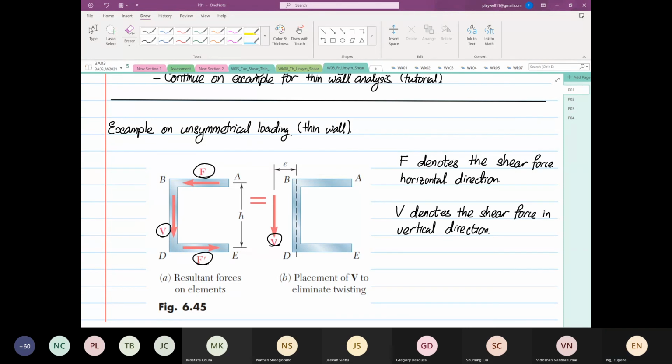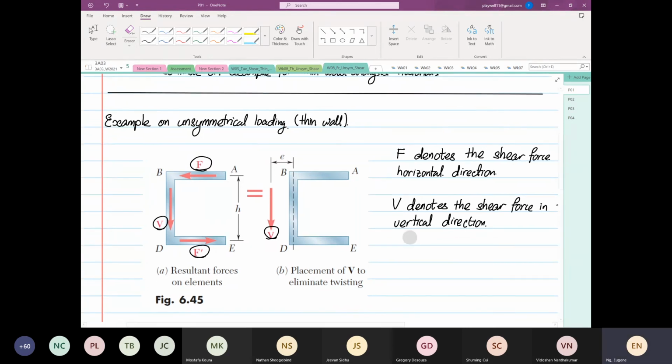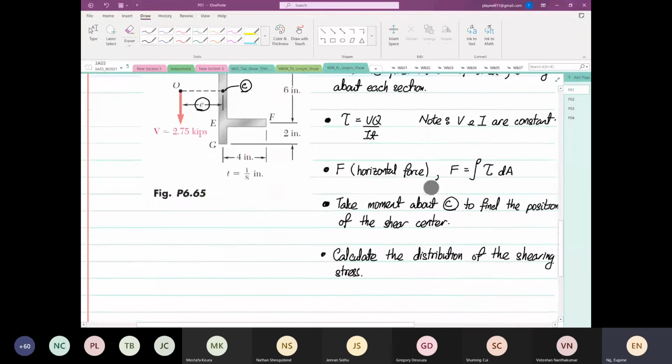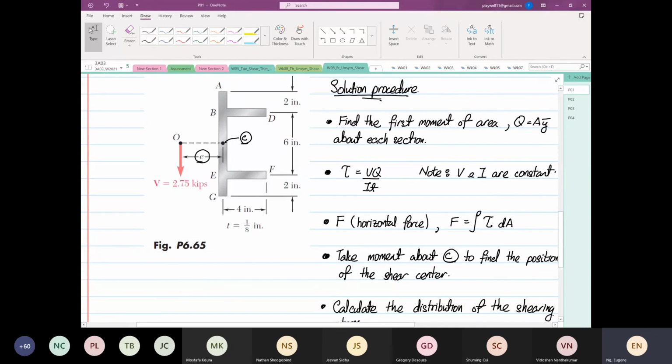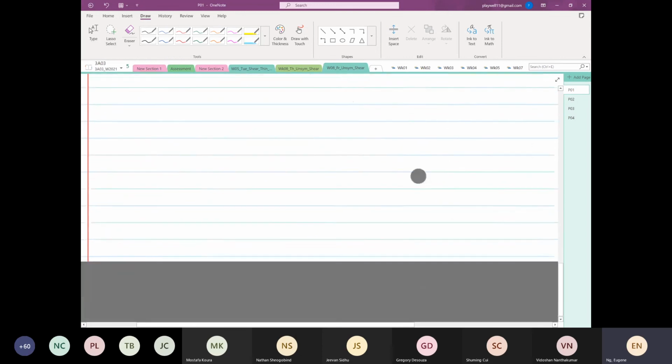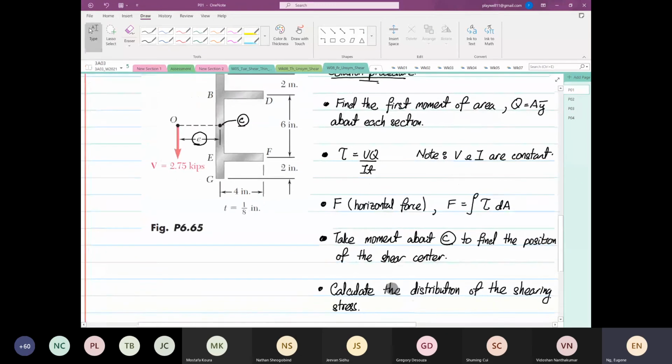So let's start from here. We are going to consider this structure, and the first thing we're going to find, like anything else, is our second moment of area. So I'm going to start on a new page.